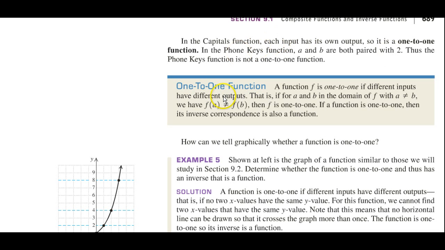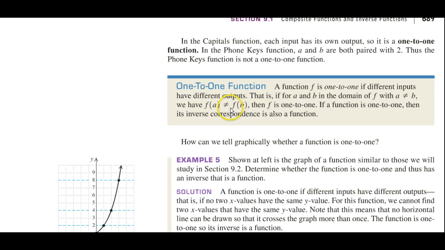Okay, let's look at one-to-one functions. A function f is one-to-one if different inputs have different outputs. That is, if for a and b in the domain of f, which are your X values, a does not equal b, then f(a) does not equal f(b).